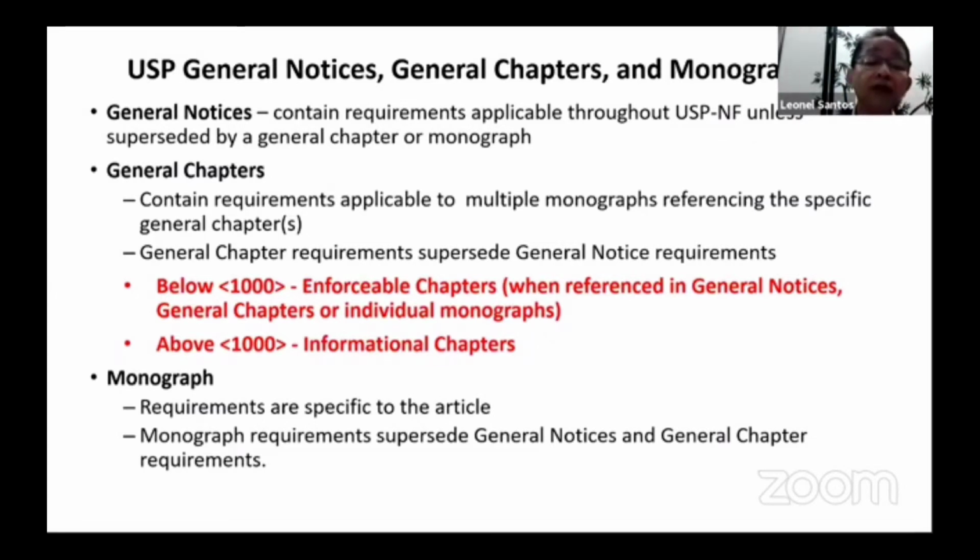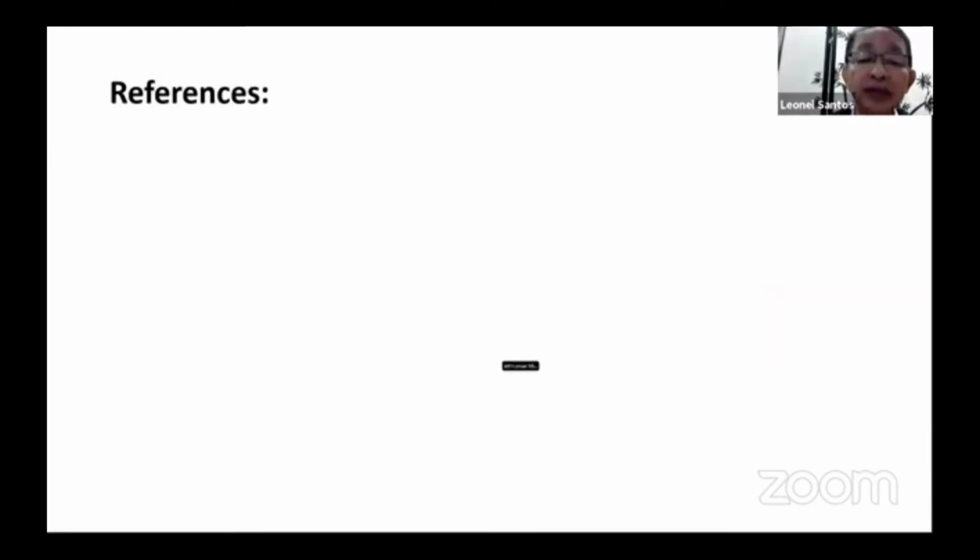The monograph contains the requirements that are specific to the article. When I say article, it refers to the drug substance or active pharmaceutical ingredient, API, or the drug product, or what some term finished dosage forms. So the monograph contains all the requirements and supersedes the general notices and general chapter requirements.